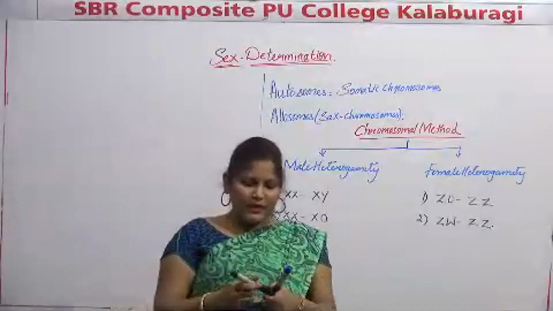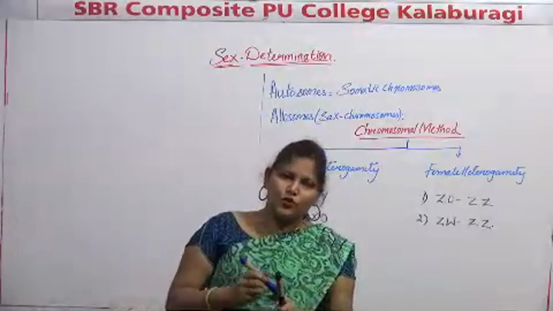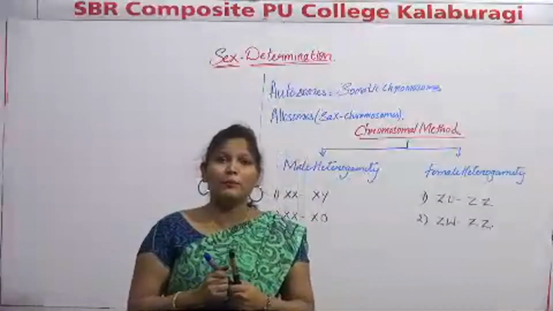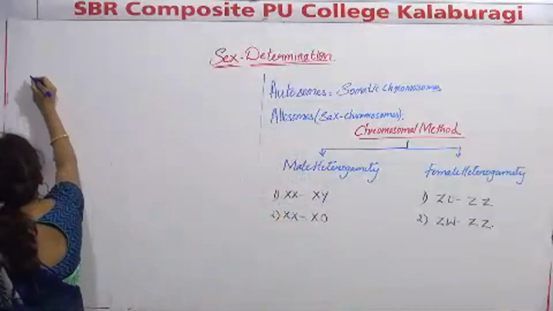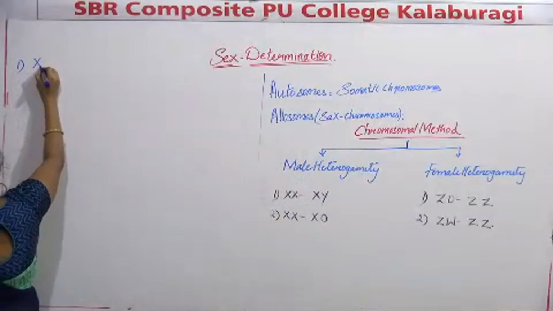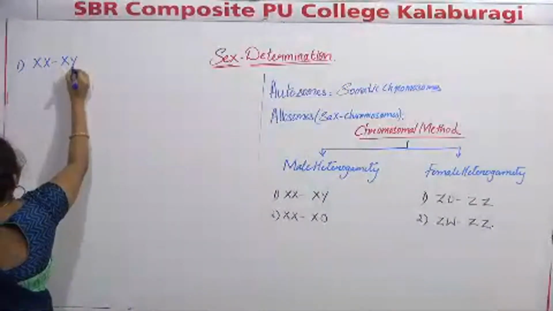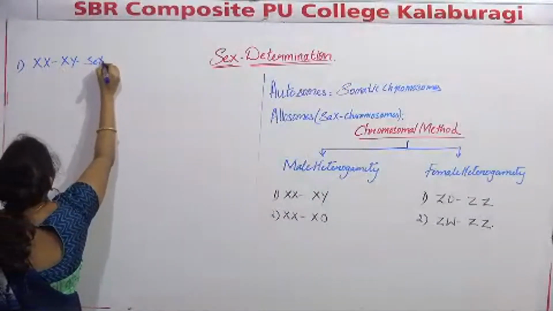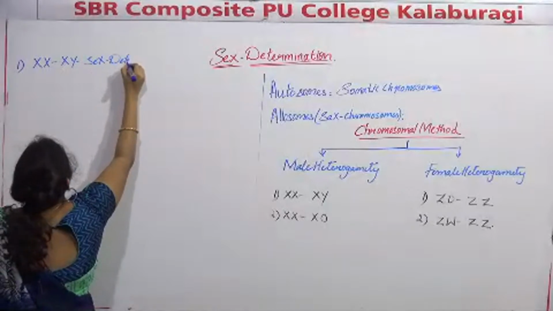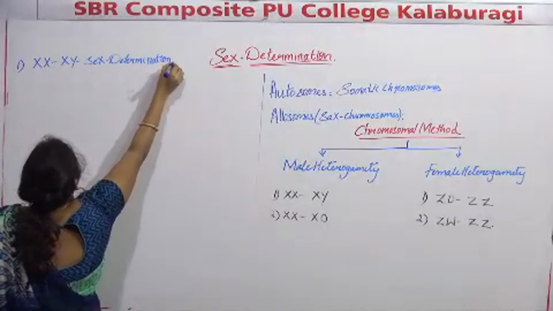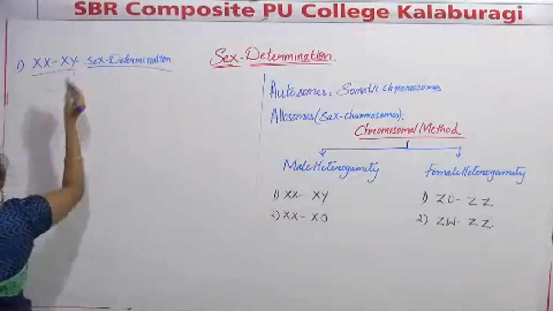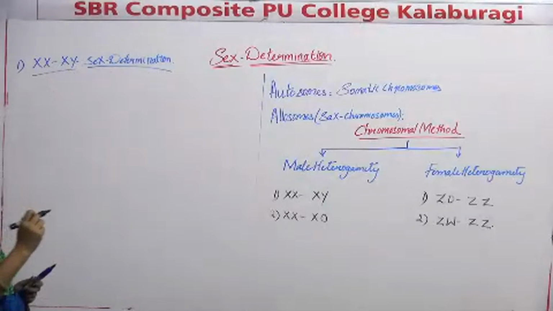The type of sex determination in Drosophila and in human beings is the XX-XY method.